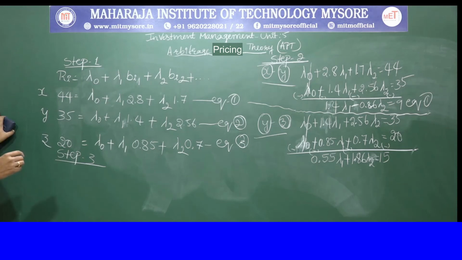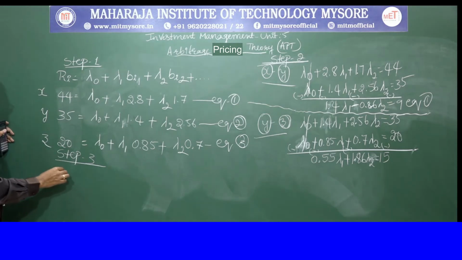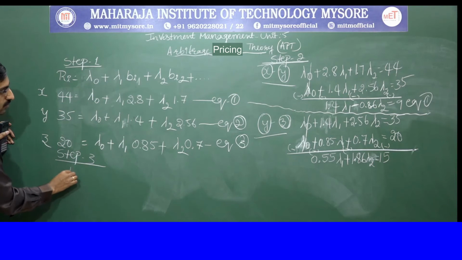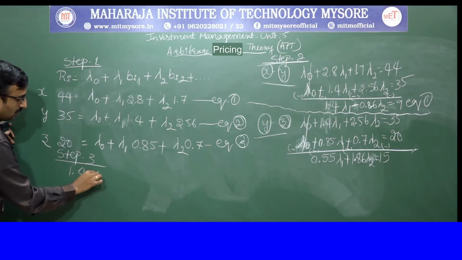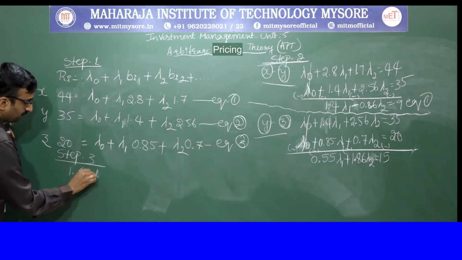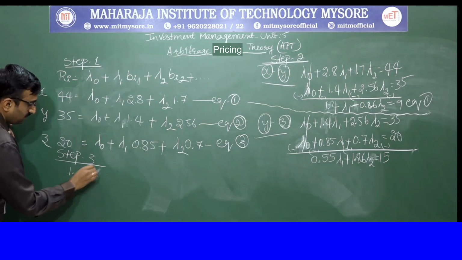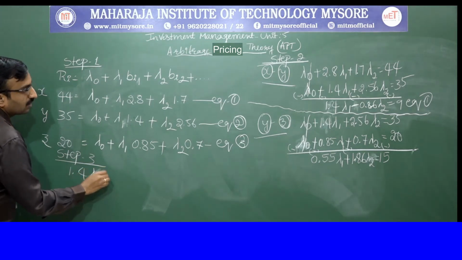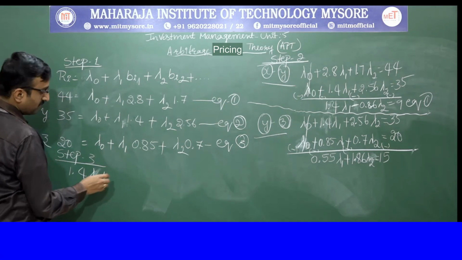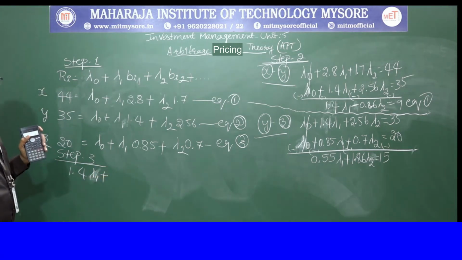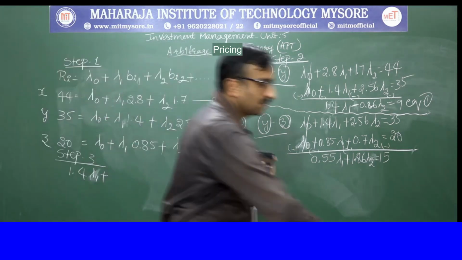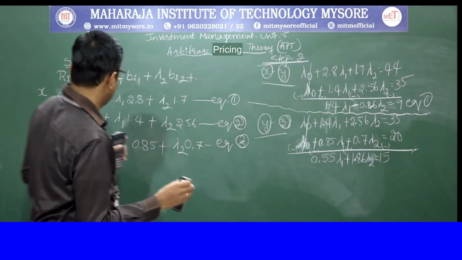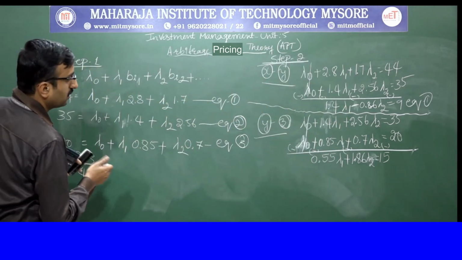Okay. So, let me consider step 3. We have 1.4 lambda 1, plus or minus? We have minus here. It is plus only, yeah.